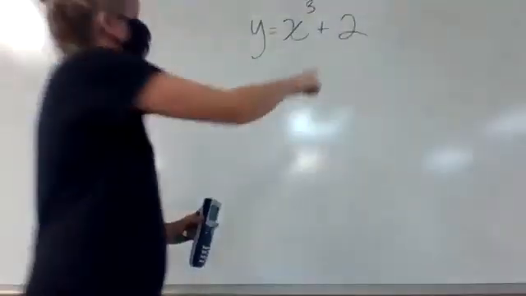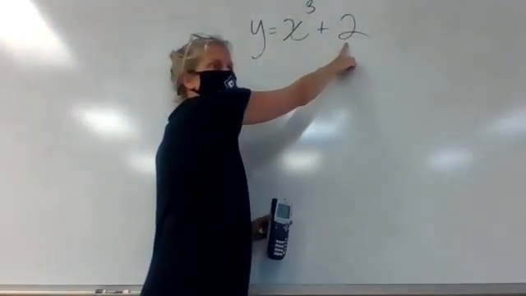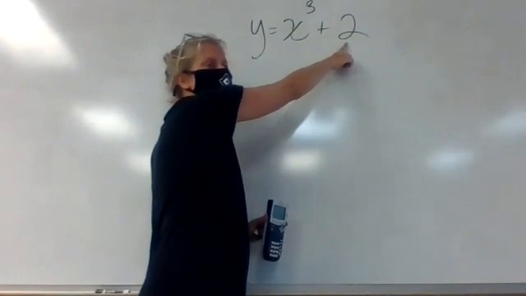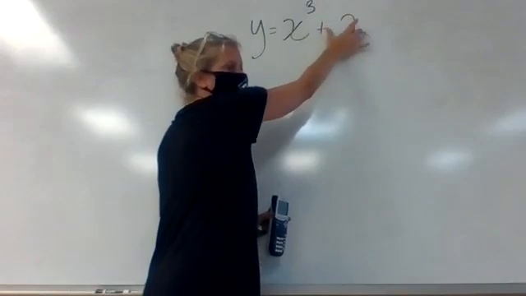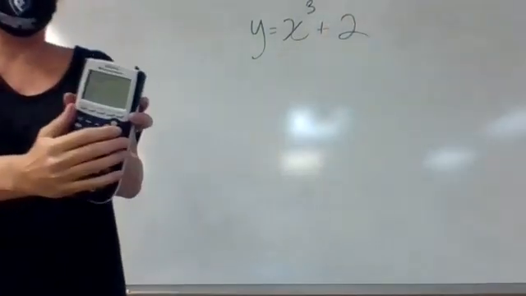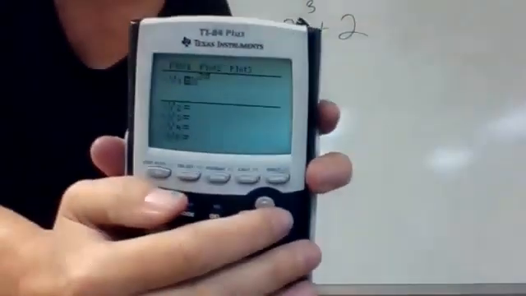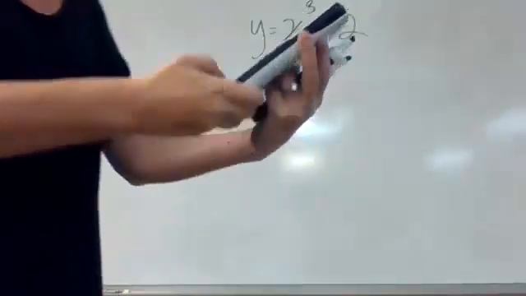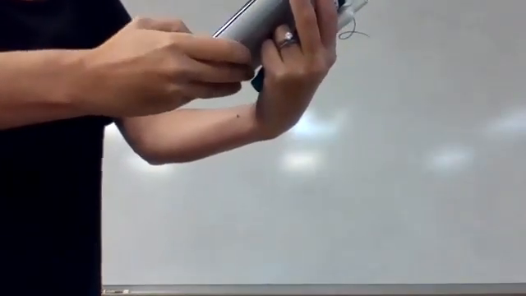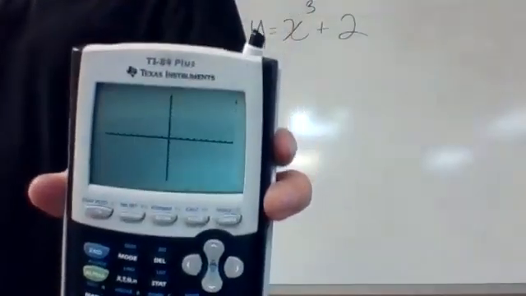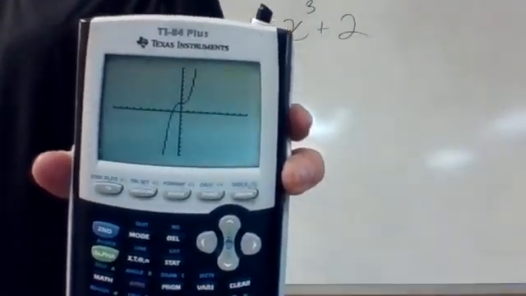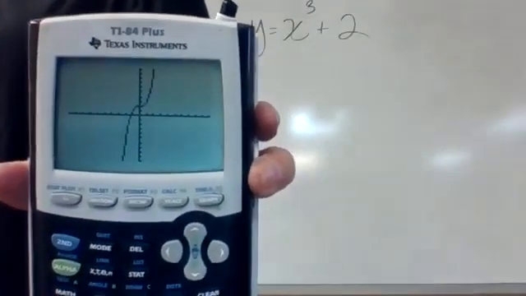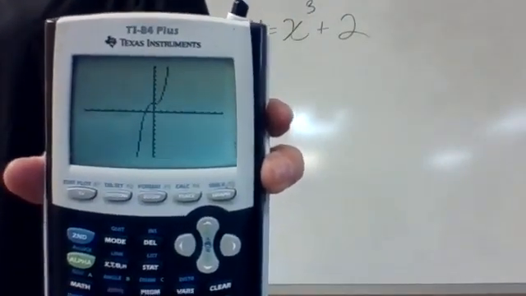Right? This is not where this goes. That's what I was talking about earlier. So hit your right arrow to put your cursor back down here. And then the plus 2. And then graph it. So look what shape x to the third graphs give you. That's the cubic function. This looks like a squiggle to me.